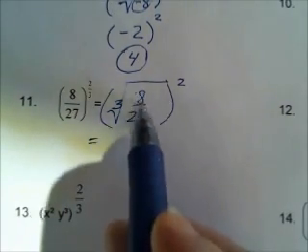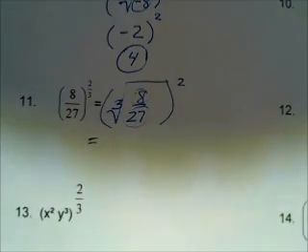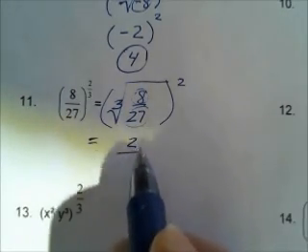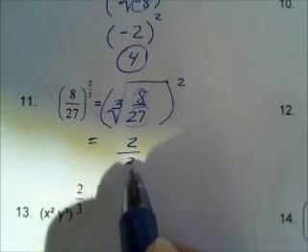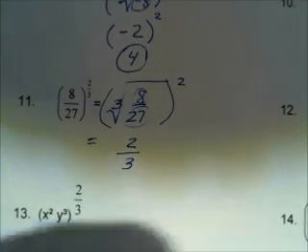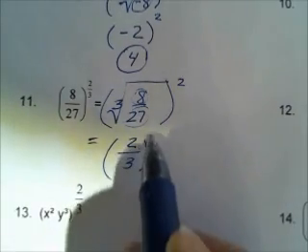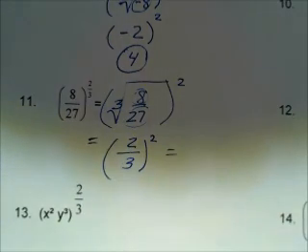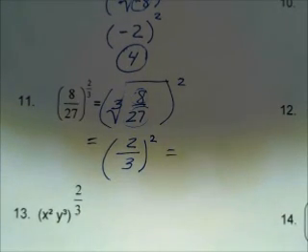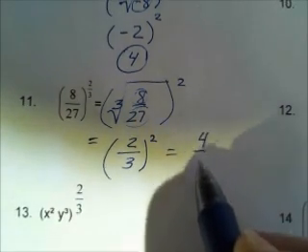Well, these are both perfect cubes. Cube root of 8 is 2, and the cube root of 27 is 3. So we end up with 2/3, and then square it. And that equals 4/9.